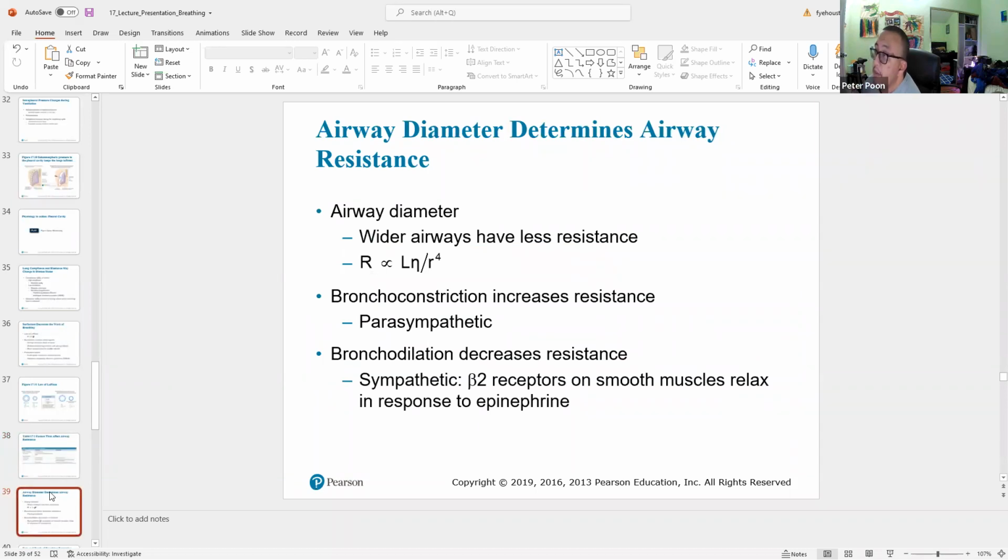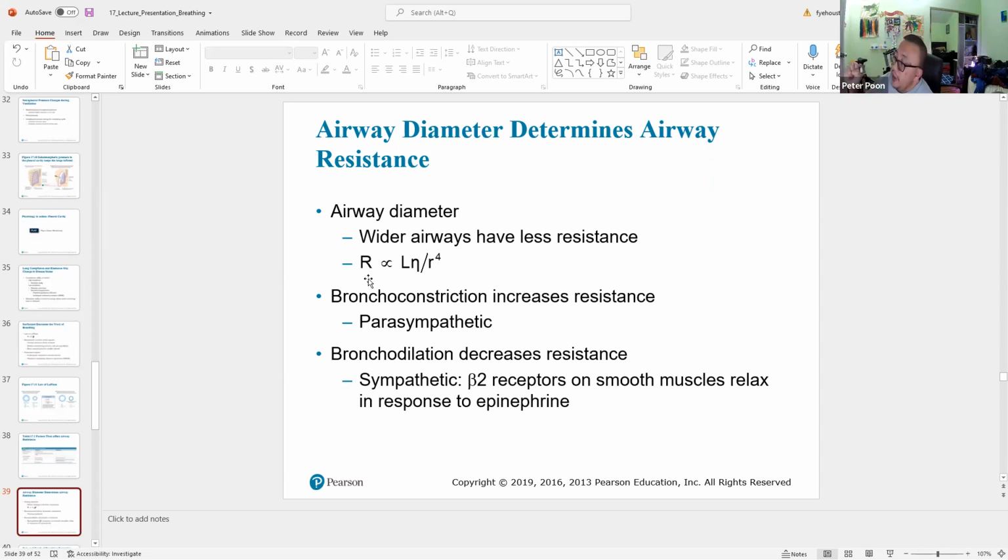The most important thing for resistance is the diameter or the radius of the airways. The wider the airway, the less the resistance. So if I double the radius, then my resistance decreases by not double, not triple, not quadruple, but 16-fold.